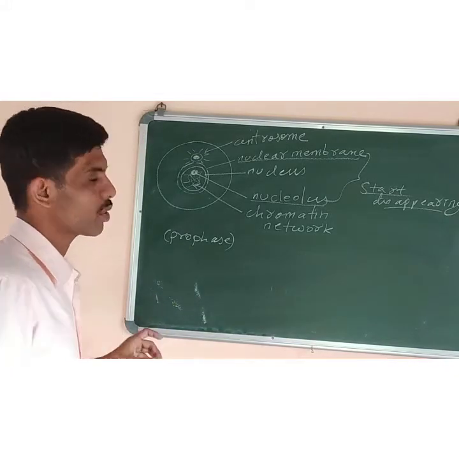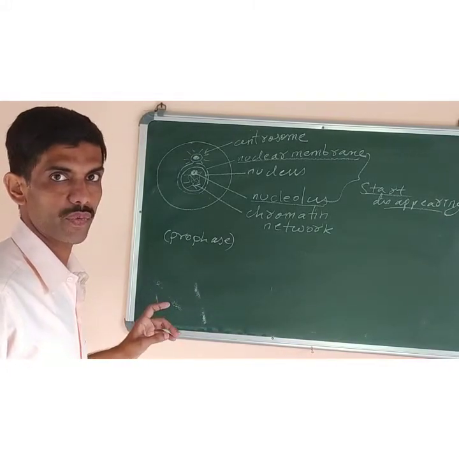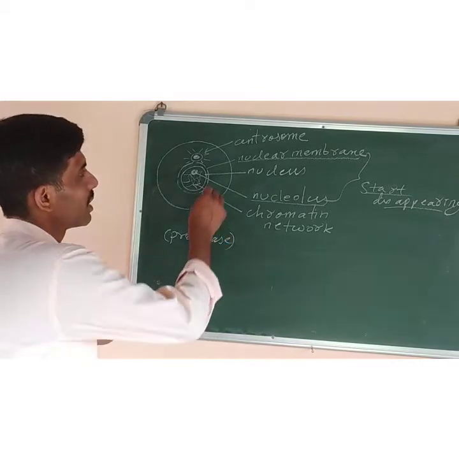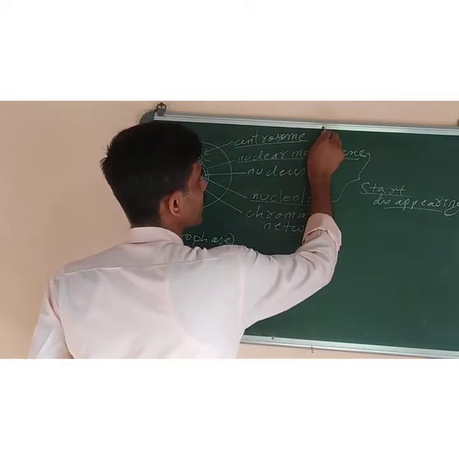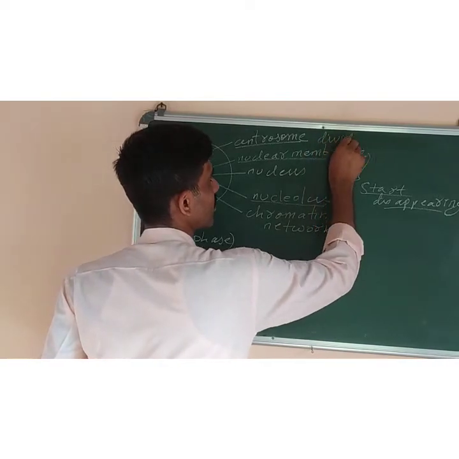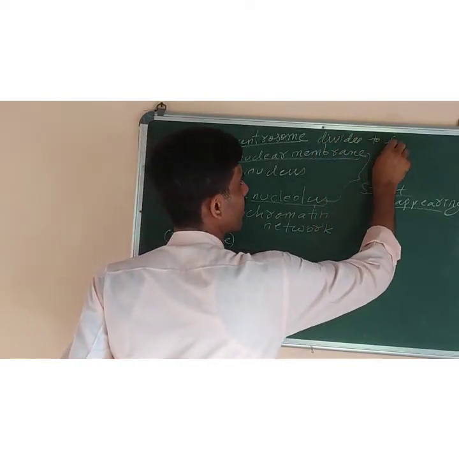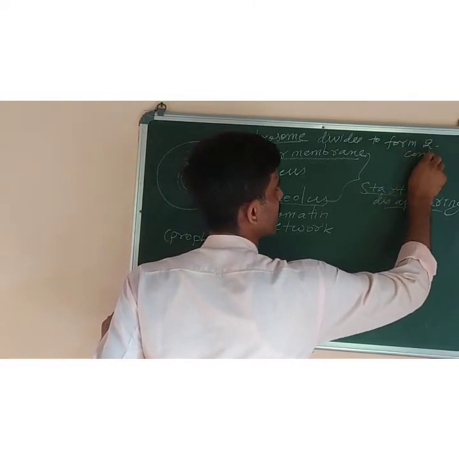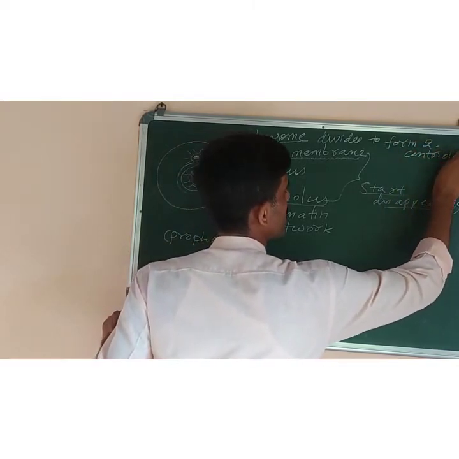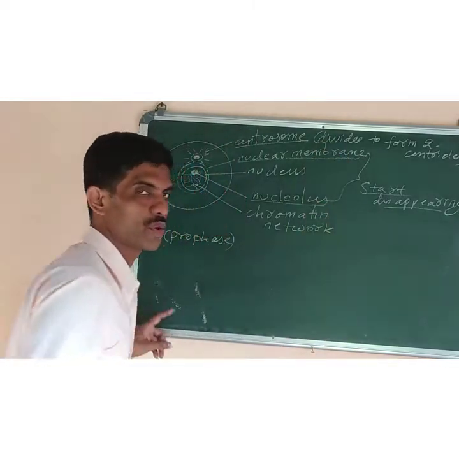The second event which occurs during prophase is there is division of centrosome. Centrosome divides to form two centroids. What is the next event? Centrosome divides to form two centroids.